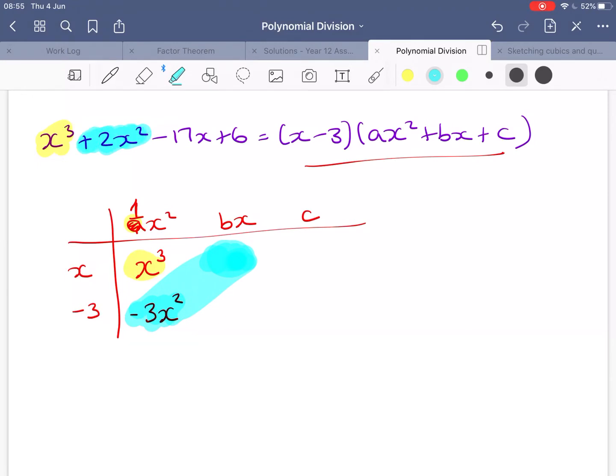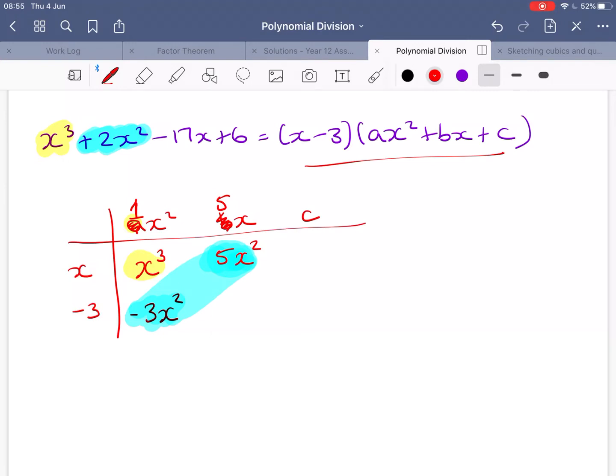I've got minus 3x squared, so what would I have to put here to make those add to make 2x squared? Well, I'd have to have 5x squared, because 5x squared with minus 3x squared makes 2x squared. And that now tells me what my letter b is, because x times bx has to be 5x squared. So my letter b must be the number 5.